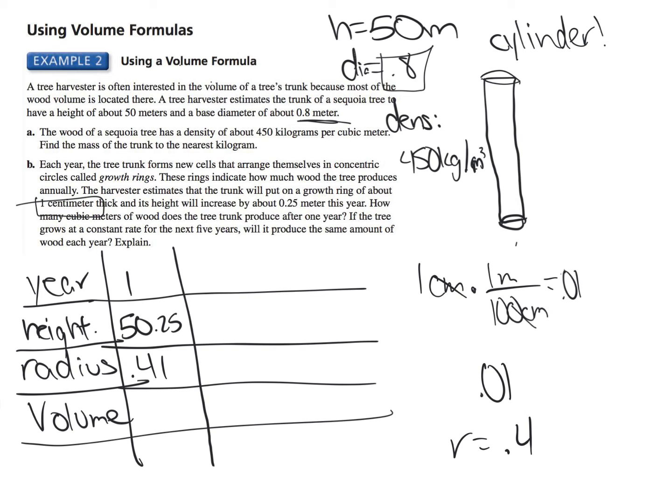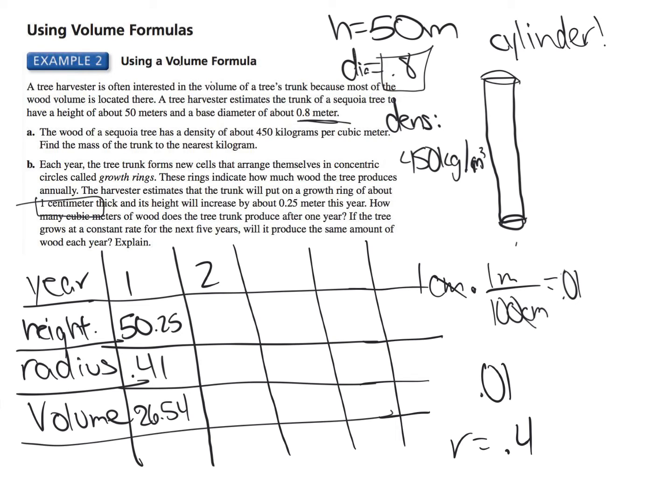You will get 26.54. Now, I think it's slightly easier if we just follow the pattern for years 2, 3, 4, and 5. Let me erase a little bit of this work so I can finish that table out.